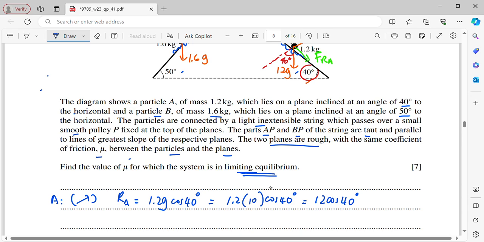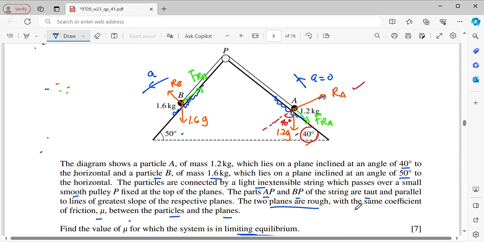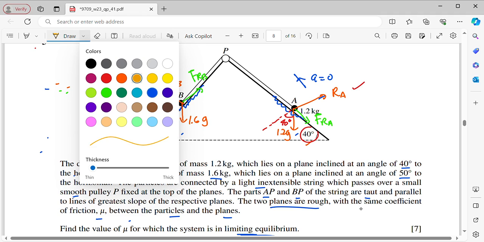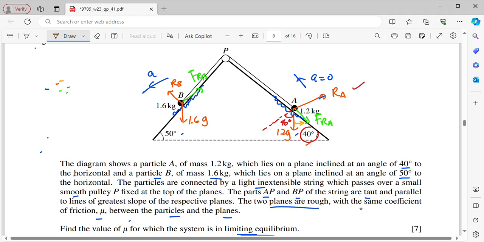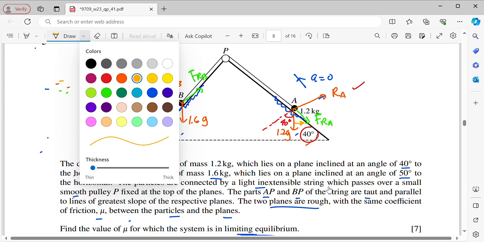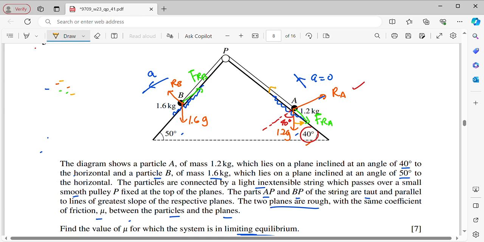Now, when you resolve parallel to the plane, this part will be resolved in the same direction as the FRA. And here you will have T, the tension. This is tension, this is tension, it's the same string.